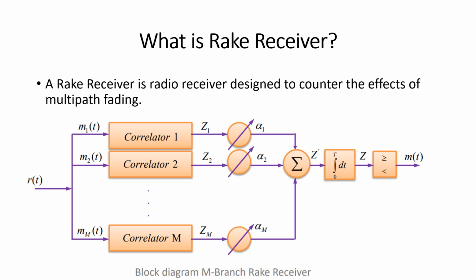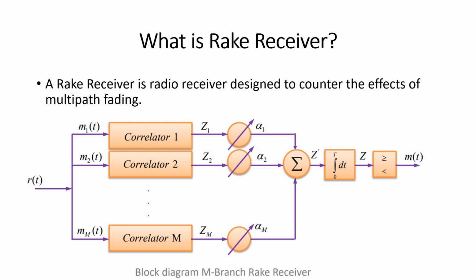Then the outcomes of the correlators are represented by the symbols Z1, Z2 up to ZM. Then they pass through the weighting network, and the weighting coefficients are given as alpha 1, alpha 2 up to alpha M.